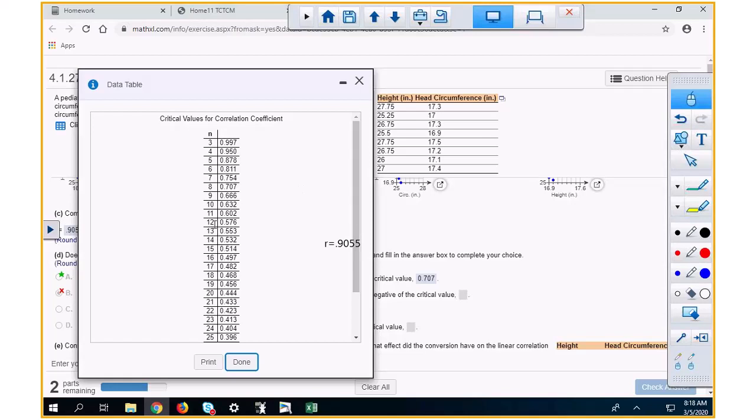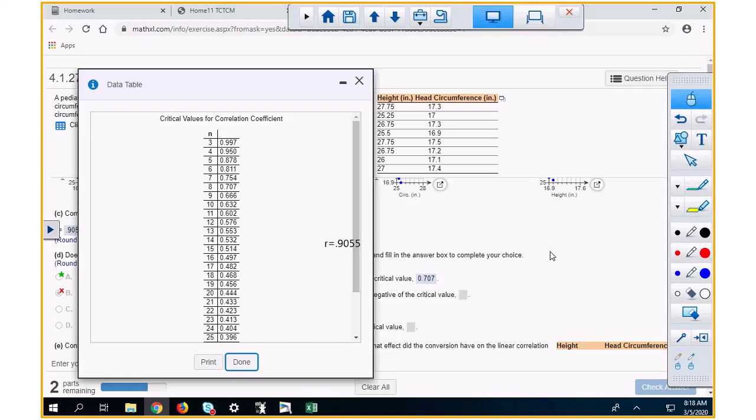So you look here and then you say, okay, it's either higher or lower than the critical value. 0.9055 is higher than 0.707, or 0.707 is lower than 0.9055, whichever way they state the question. This is the critical value. This is the correlation coefficient.